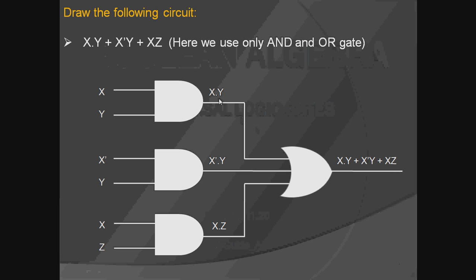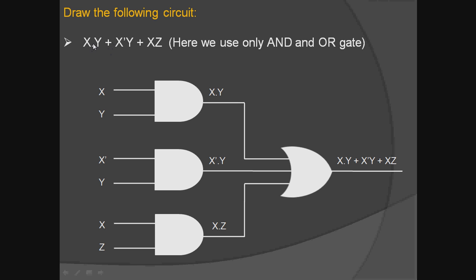So here we have to draw this circuit based on this Boolean expression. As you can see, this is a Boolean expression, so these are the min terms, these three min terms. These are the literals x and y, and the dot represents the AND, which is multiplication, and this plus symbol represents OR, which is addition.